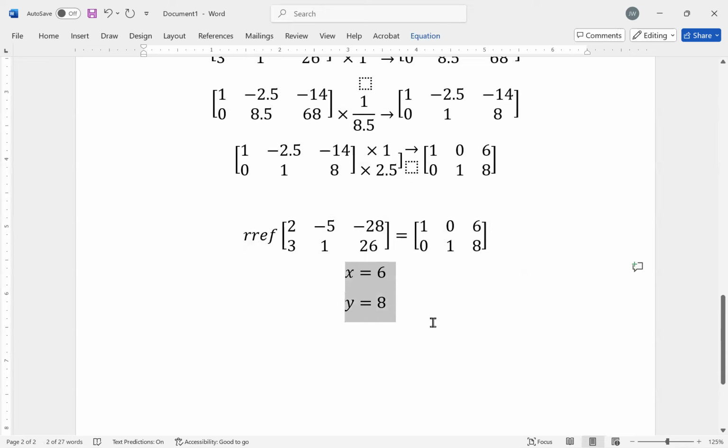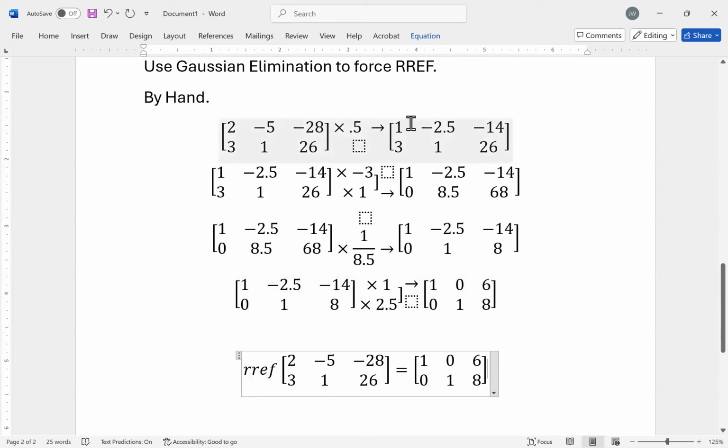Now, doing this by hand can be quite tedious, especially in really large matrices. Obviously, here we had 4 steps: force a pivot position, get 0 underneath it. Once we did that, then force another pivot position to be 1, get 0 above it.